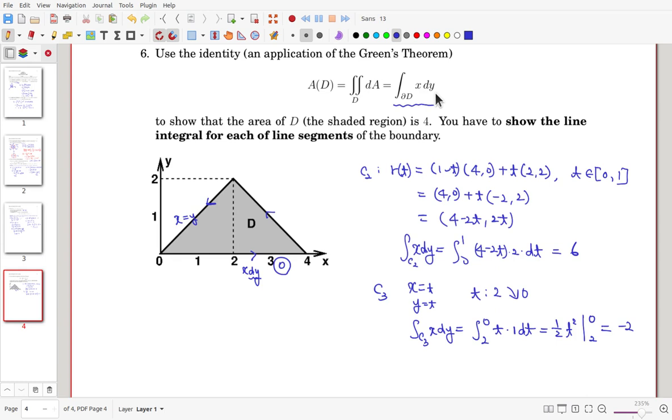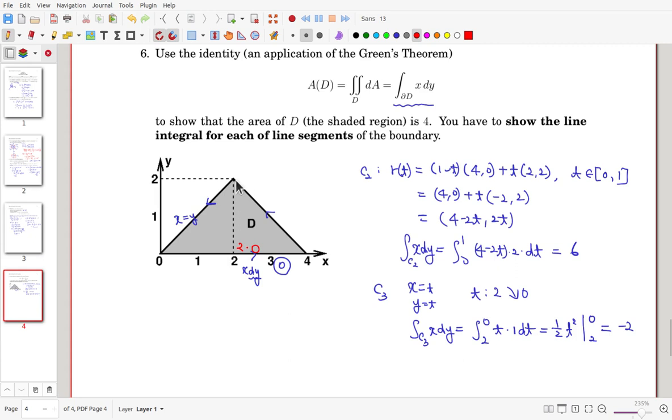You may also use numerical values. Let's try to do it once more using a numerical technique. For each portion of the boundary, take the mid value of x and the change in y. For the first, mid value of x is 2 and change in y is 0.